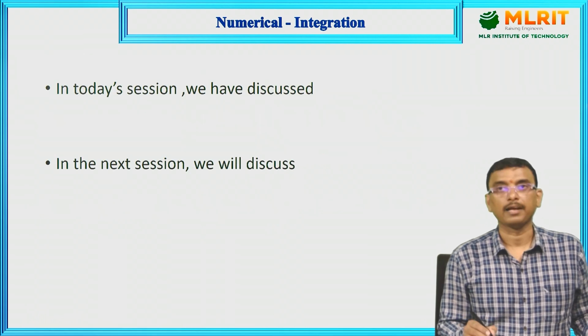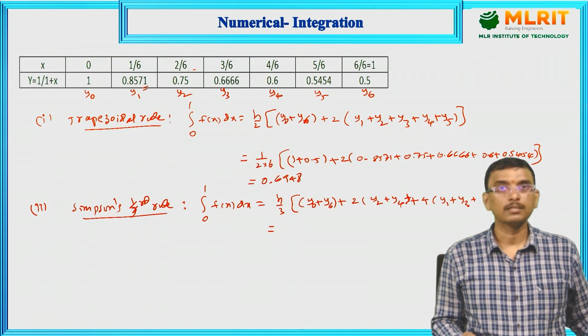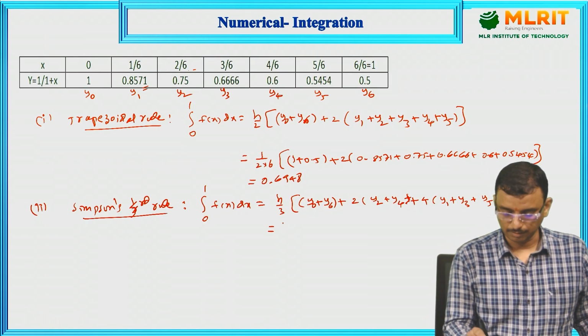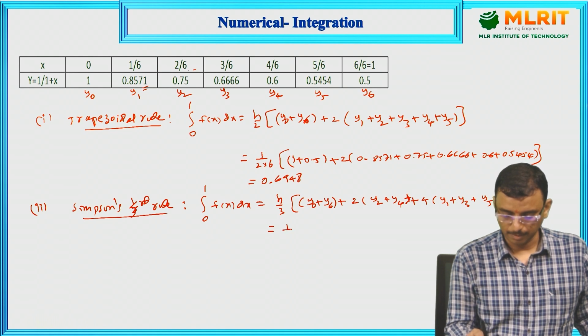Now substitute the values here. The h value is 1 by 6, so that is 1 by (3 into 6) into y0.